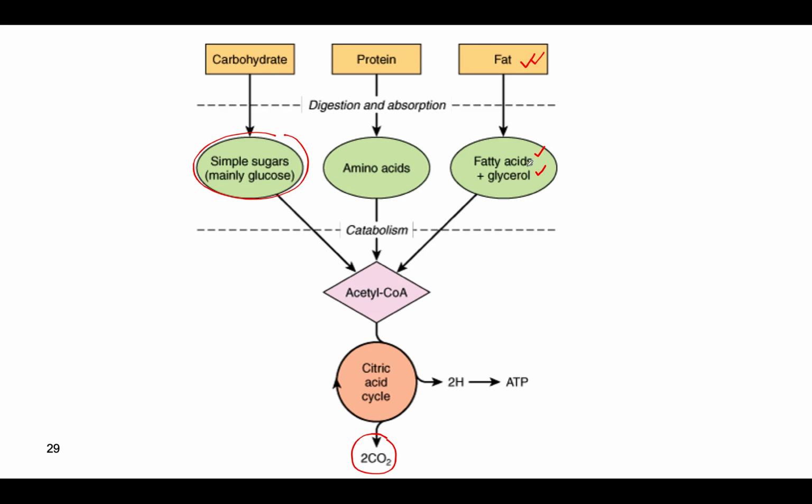Fatty acids go into the beta oxidation cycle to give rise to acetyl coenzyme A, which under normal physiological conditions should go into the citric acid cycle, leading to the production of high energy electron carriers, which go into the electron transport chain, leading to the production of ATP.